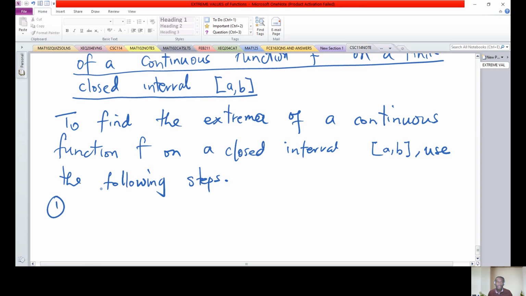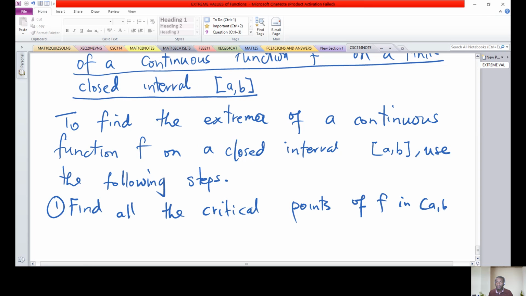Step 1, find all the critical points of f in the open interval (a, b).